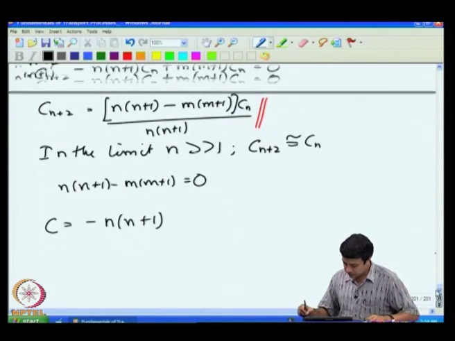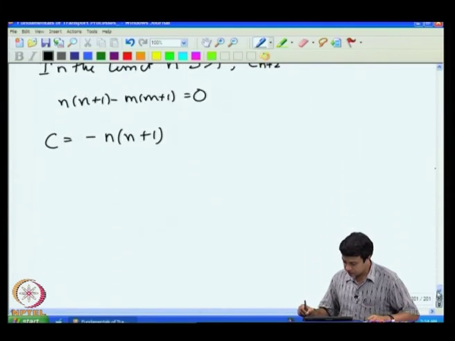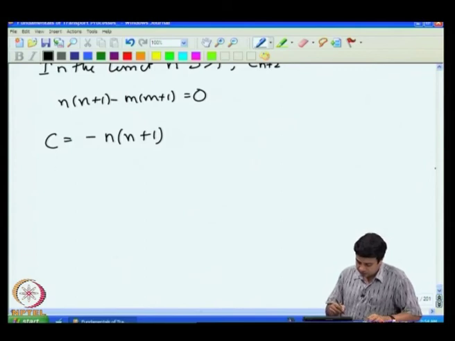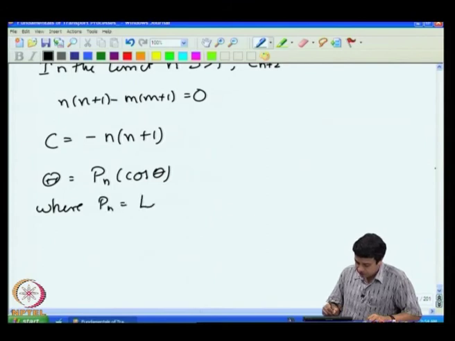And for these integer values, the solutions for the Legendre equation are of the form theta is equal to Pn of cos theta, where Pn is equal to the Legendre polynomial.